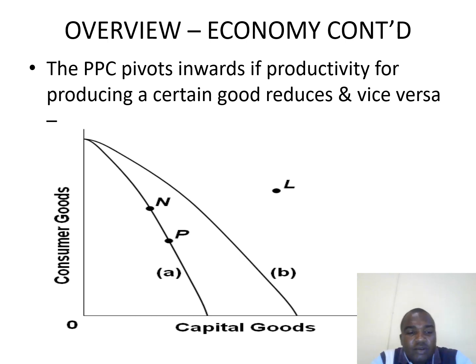A PPC can also pivot inwards if productivity for producing a certain good reduces, or if the state of technology associated with the production of a certain commodity declines. In the slide, we can see that the PPC is pivoting from PPC-B to PPC-A. It's declining from PPC-B to PPC-A.